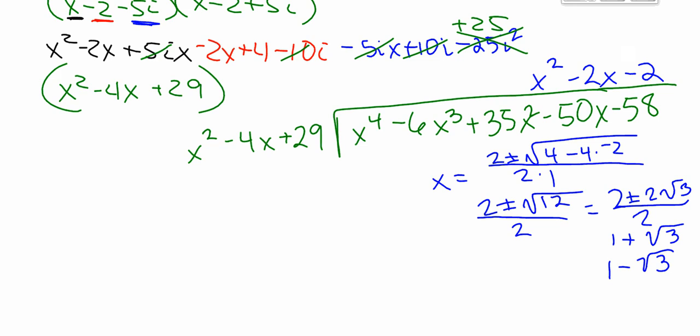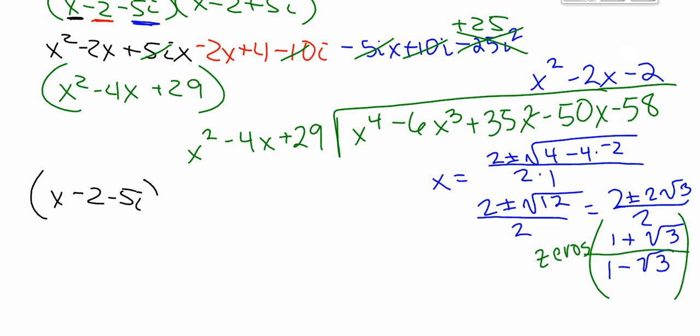Yeah. Okay, so these are the zeros, right? So these are zeros, and we had our zeros from up there because I was to write the linear factorization. So I think it is x, and I'm going to write this because I already had multiplied it out, x minus 2 minus 5i, x minus 2 plus 5i. You know where those came from, right? Yep.